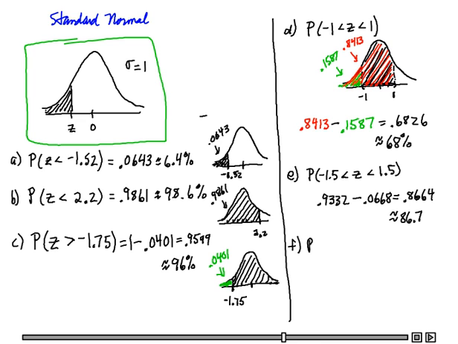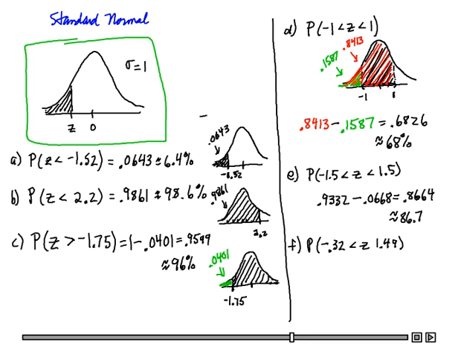What's the probability that the random variable, or the z-value, will be somewhere between -0.32 and 1.49?